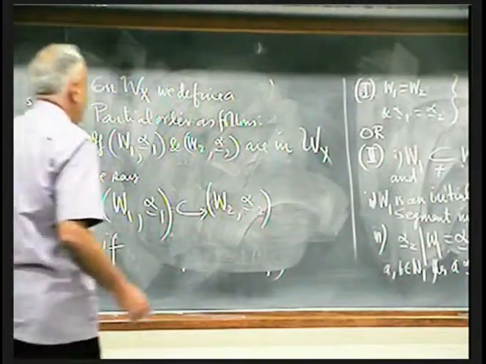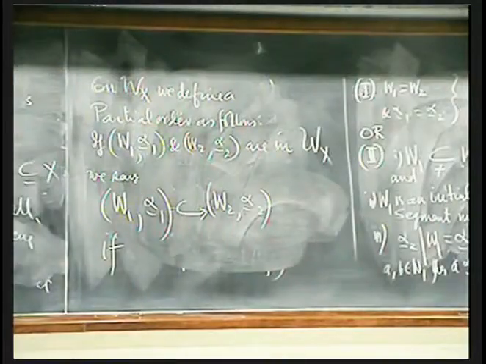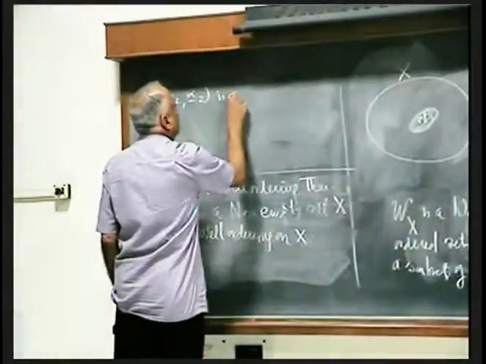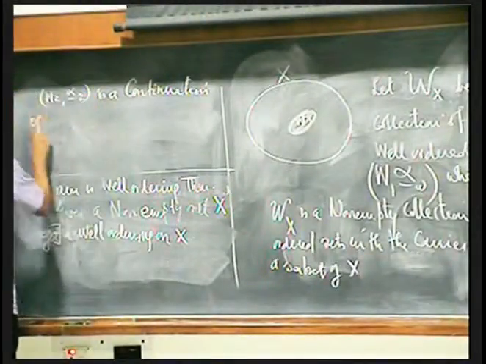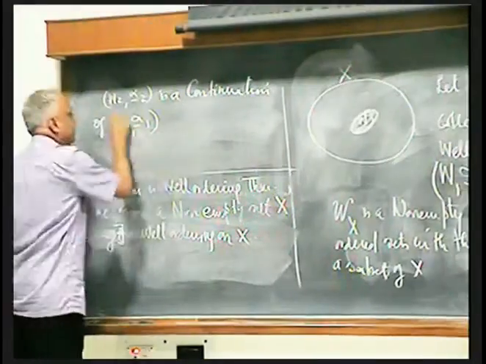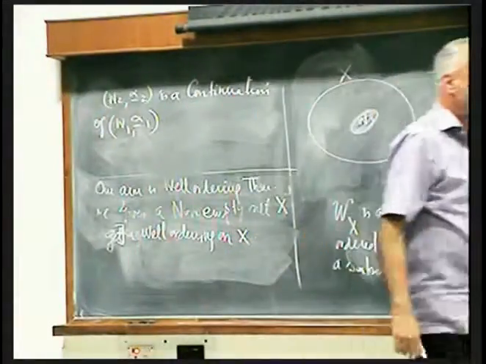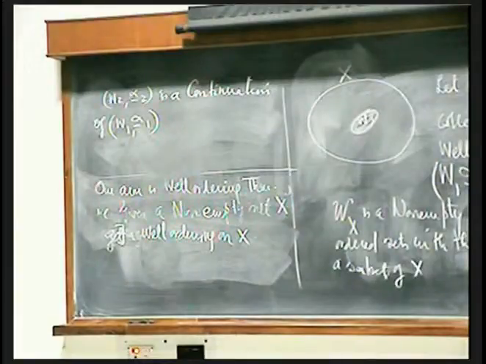Then we say W2, with this relation, is a continuation of the partially ordered set W1. So how we order the well-ordered sets is, if I have two well-ordered sets, I say this fellow is related to this fellow if he is a continuation of this fellow. That's the simplest thing.